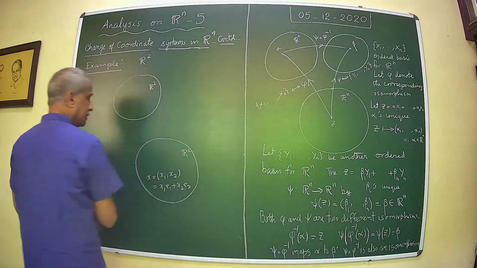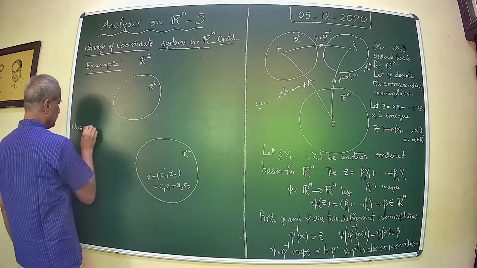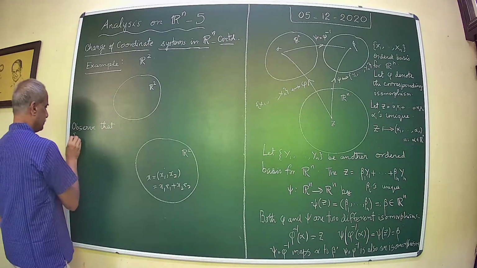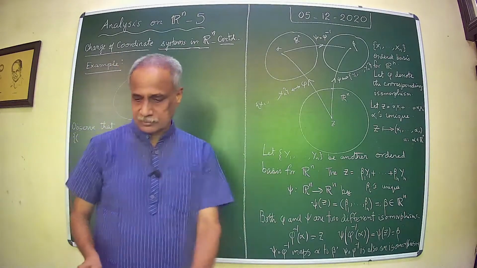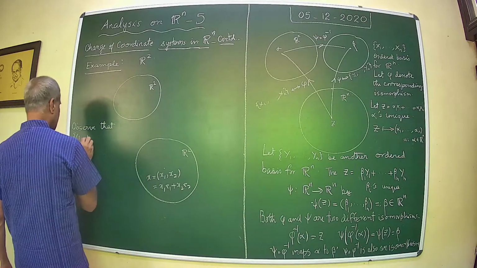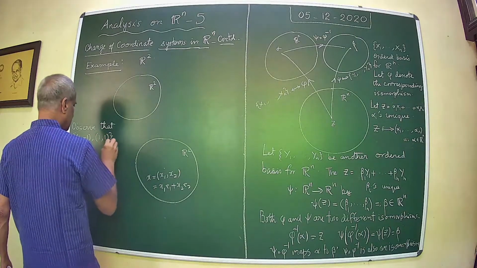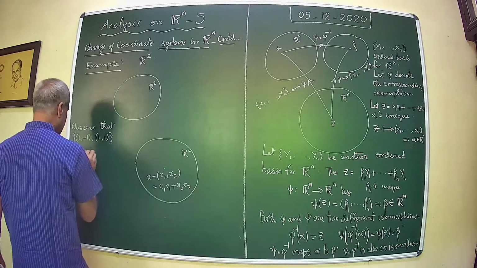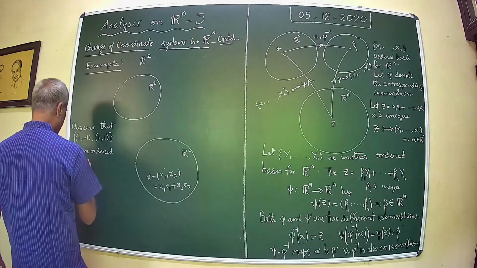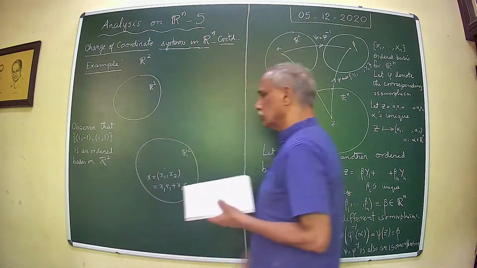So we consider, observe that (1, minus 1), (1, 1) is a basis on R2. We choose this ordered basis.